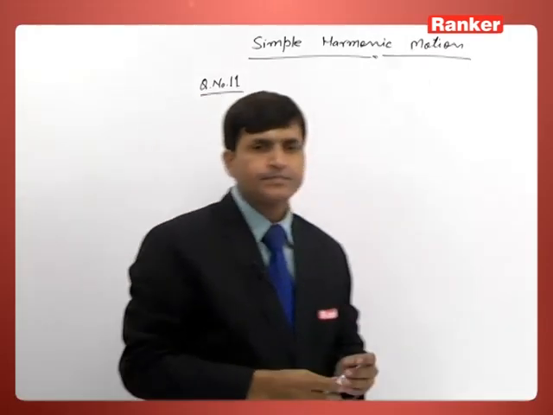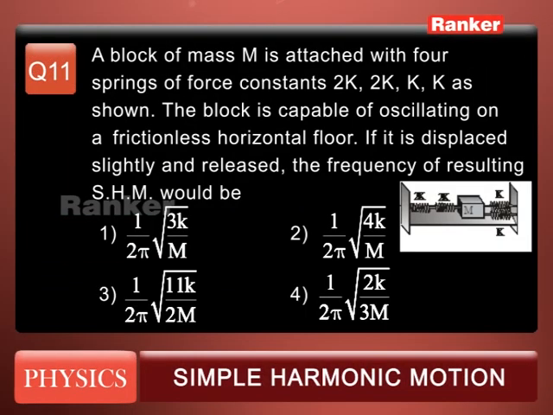Question number 11. A block of mass M is attached with 4 springs of force constant 2K, 2K, K and K, as shown. The block is capable of oscillating on a frictionless horizontal floor.